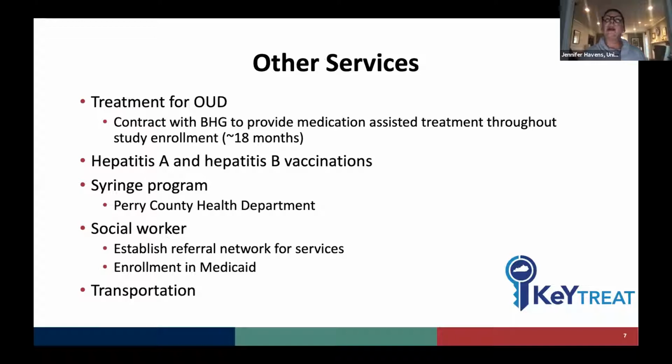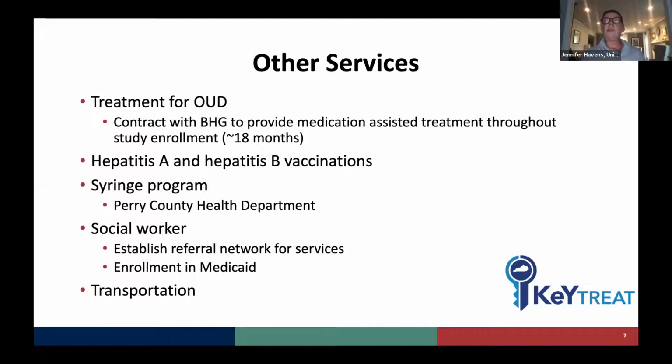And when we were talking through what this study was going to look like, especially Drs. Ward and Compton and I, we were really thinking about a sort of holistic approach to how we were going to be offering HCV treatment in a small community, making sure that the availability of treatment for opioid use disorder was there.